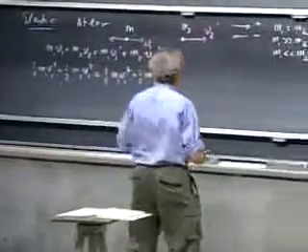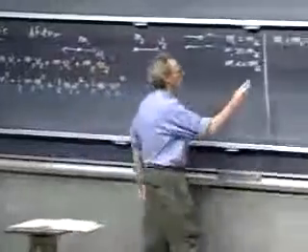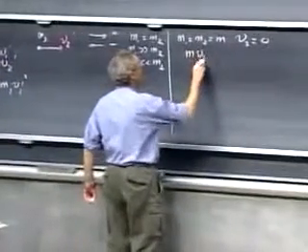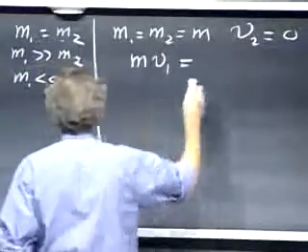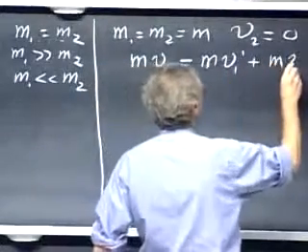Very special case. So the conservation of momentum now becomes much simpler. m times v1, there is no v2, equals m v1 prime plus m v2 prime.